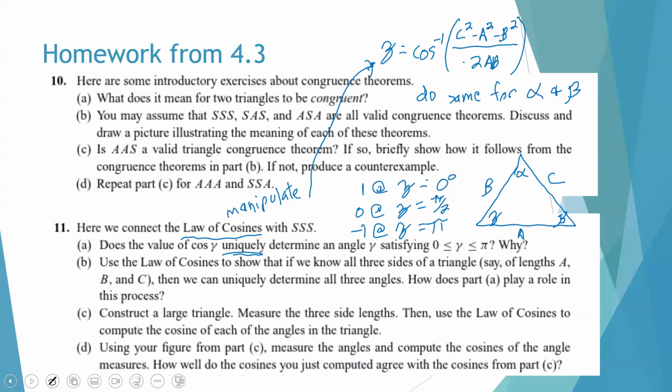Let's see, how does A play a role in the process? So A is useful as cosine. Oh, yeah. So using part A, right? Cosine inverse of a negative number will give an angle between pi halves and pi.